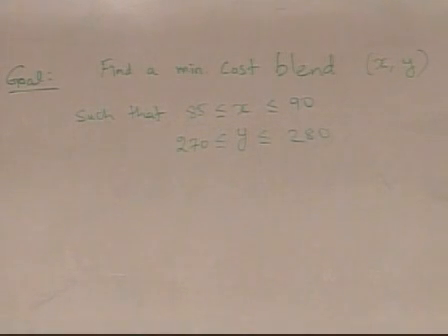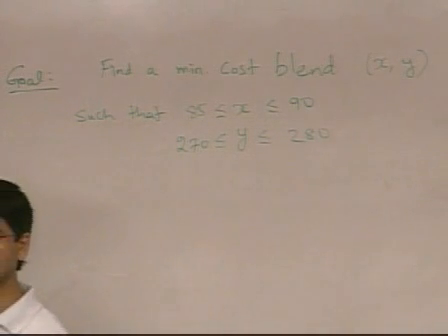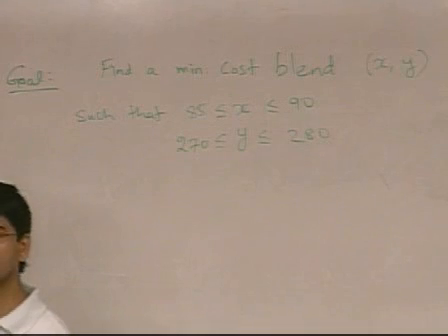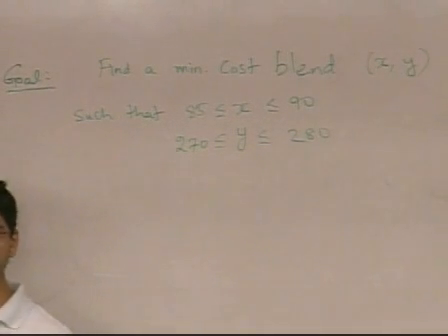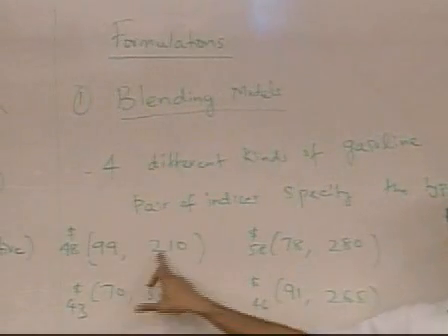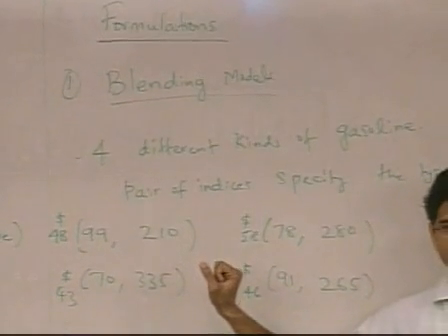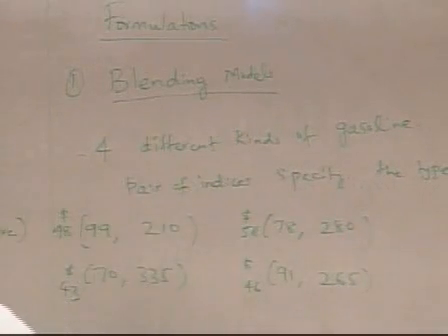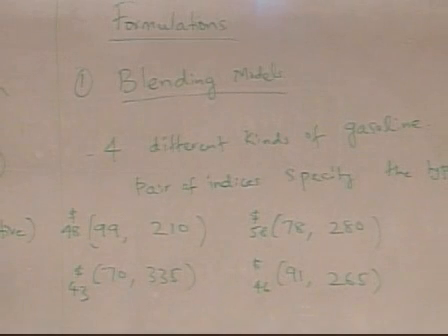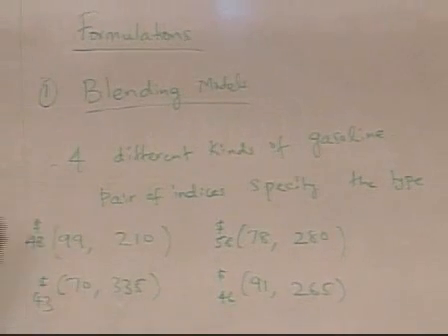The tacit assumption in all of this is that if you take a barrel of this and a barrel of this and put them together, you get 2 barrels of a hybrid type, where the first index is the average of these 2 numbers, and the second index is the average of these 2 numbers. In other words, when you combine these products in proportion to the amount, the index will be weighted.